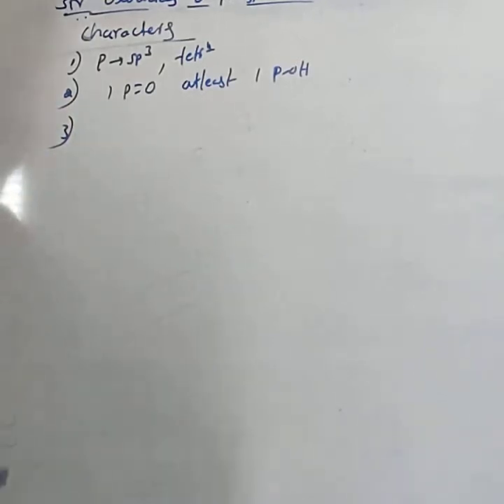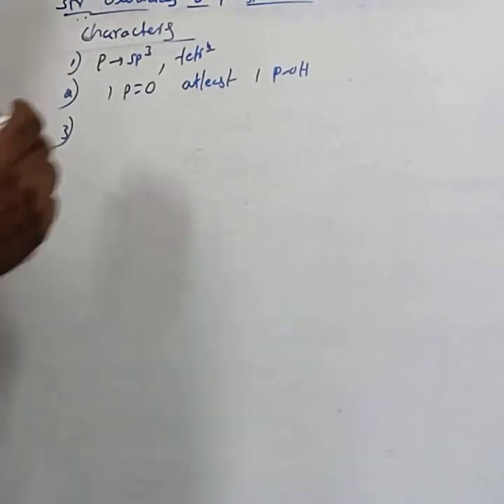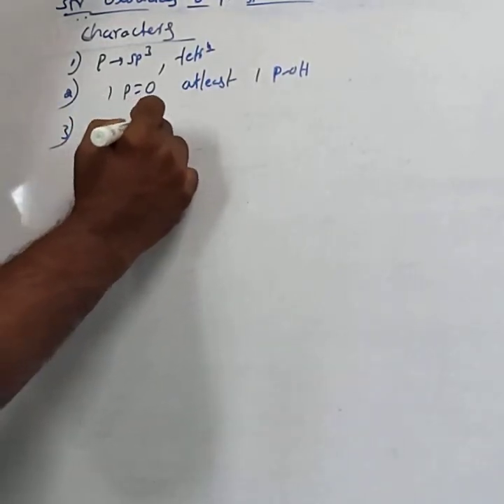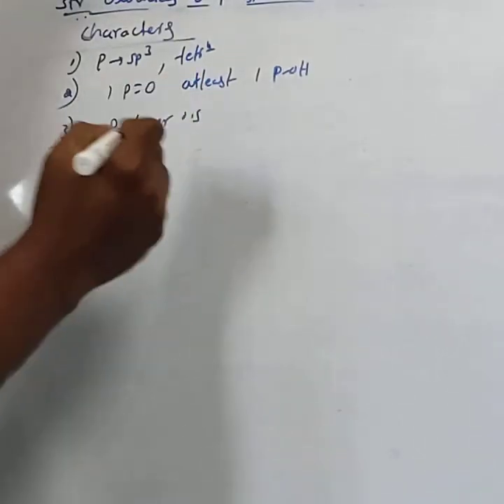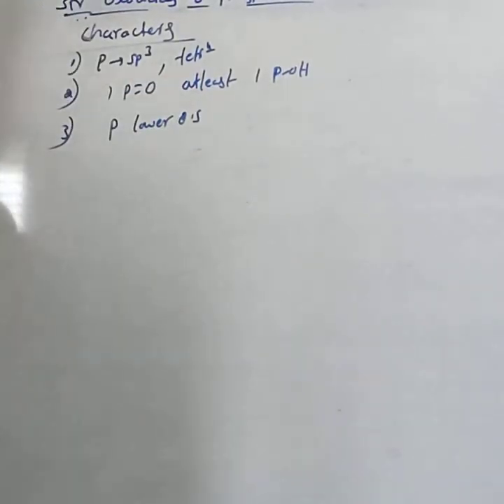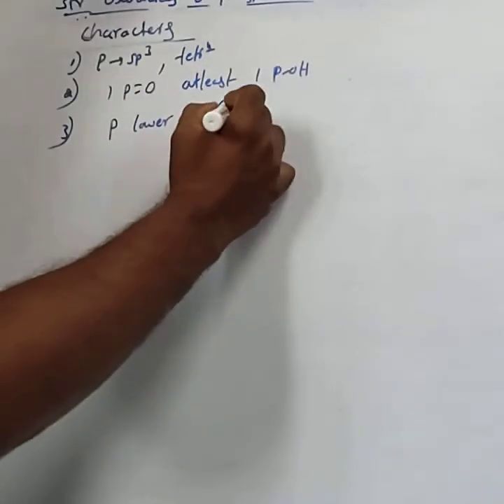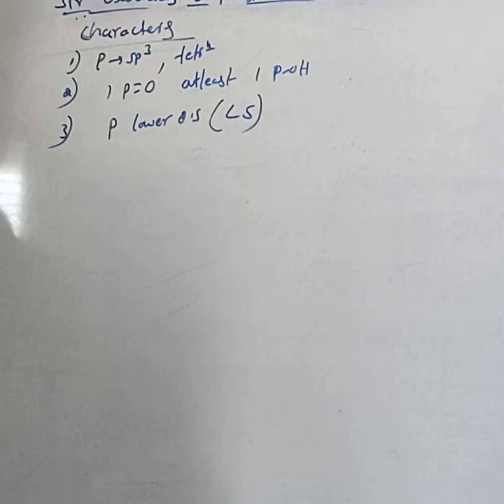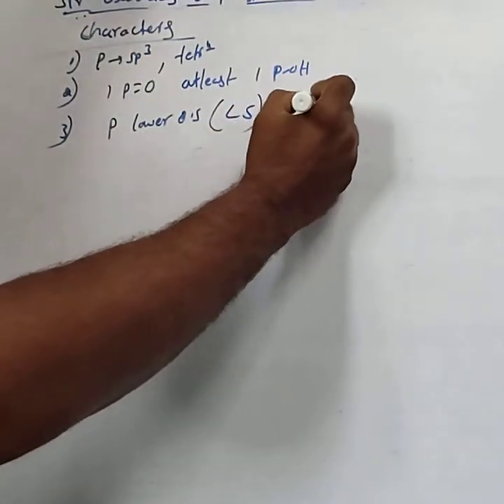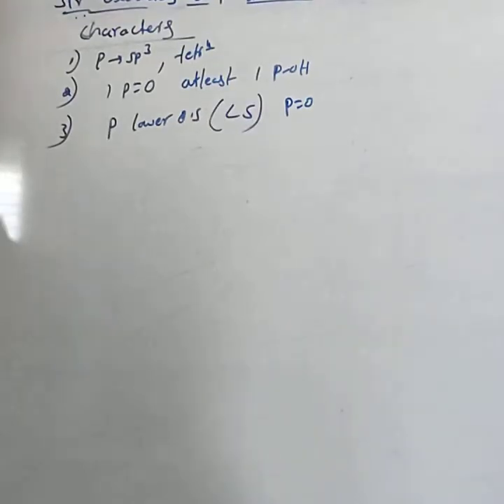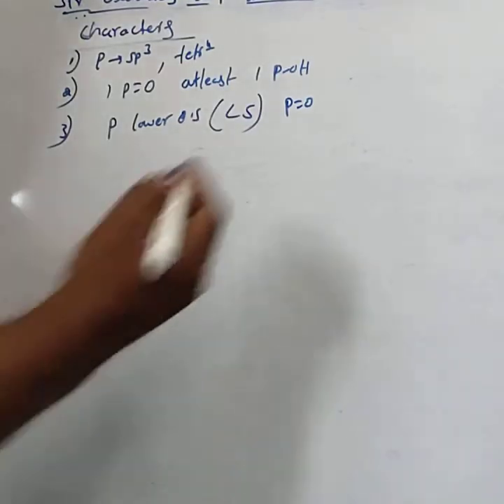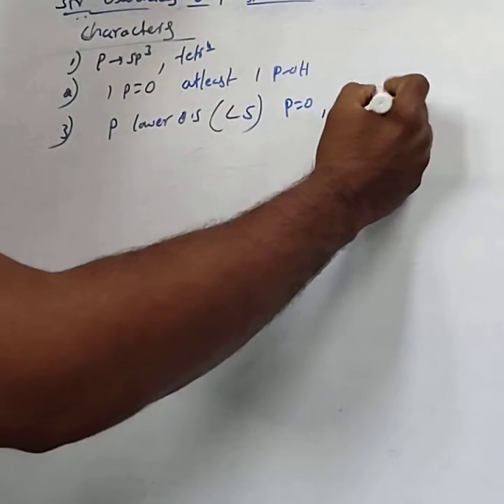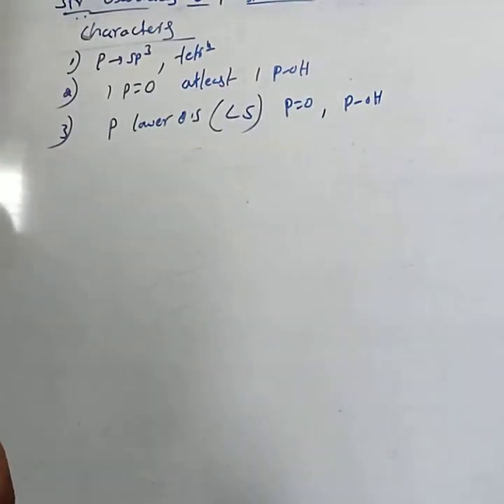Then in oxoacids of phosphorus in which phosphorus has a lower oxidation state, generally less than 5, they contain one PO and one POH.